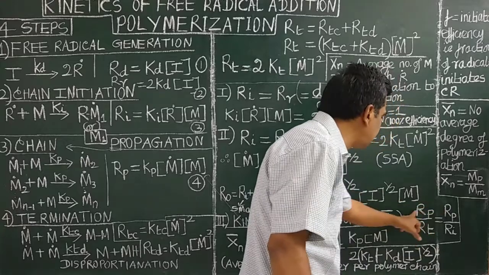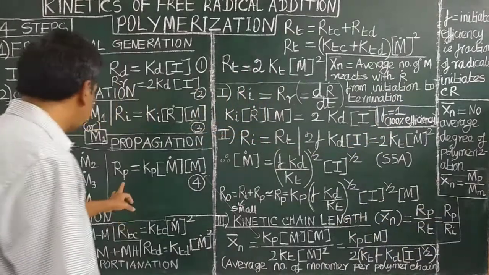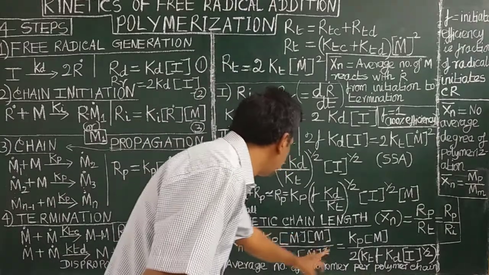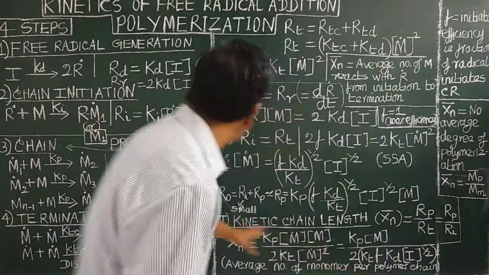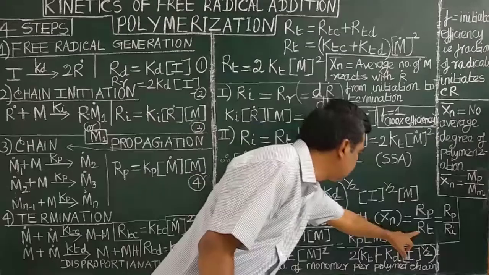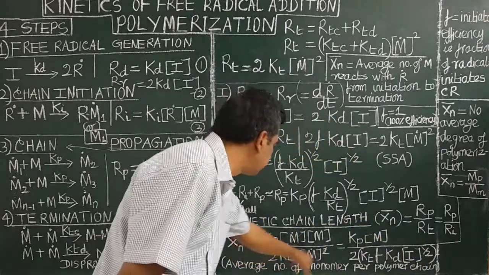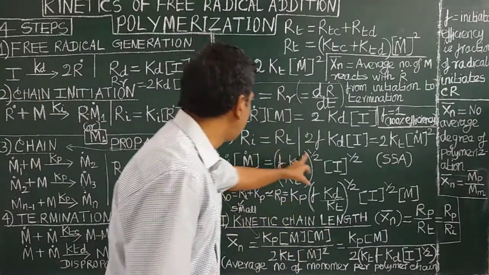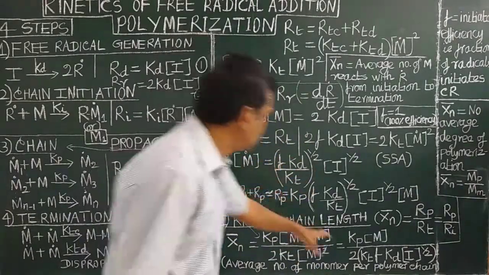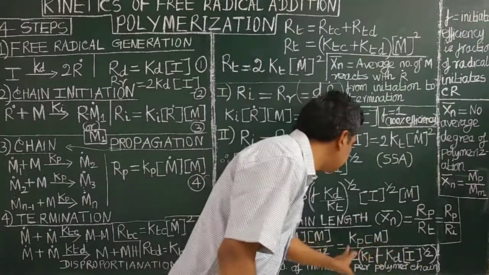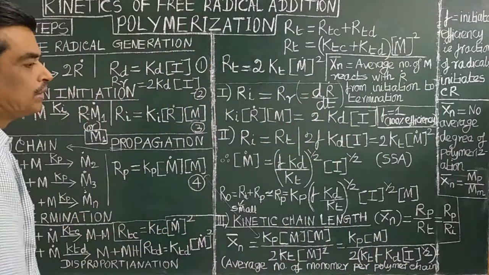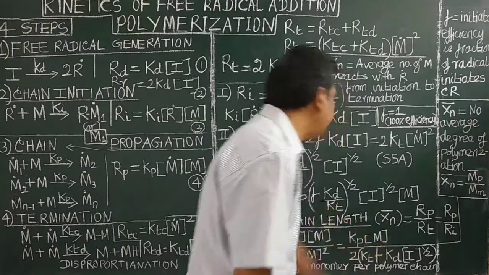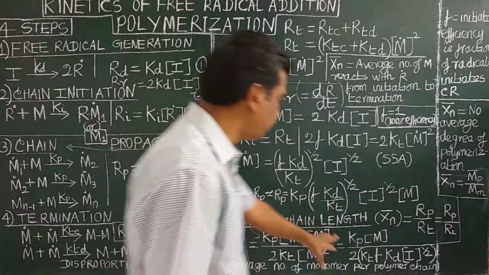But we use the termination step because it will get cancelled. The rate of propagation is Kp M dot concentration of M divided by Rt. M dot we have already derived. You substitute here, and on simplification you will get this. This equation is used to calculate the kinetic chain length or degree of polymerization.